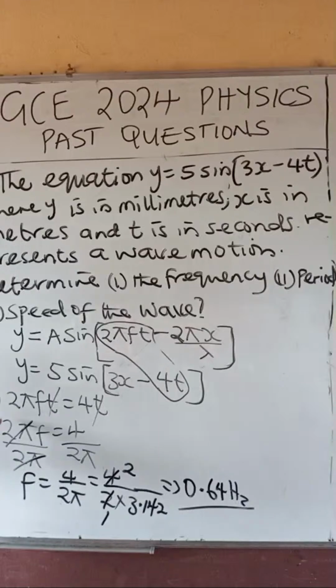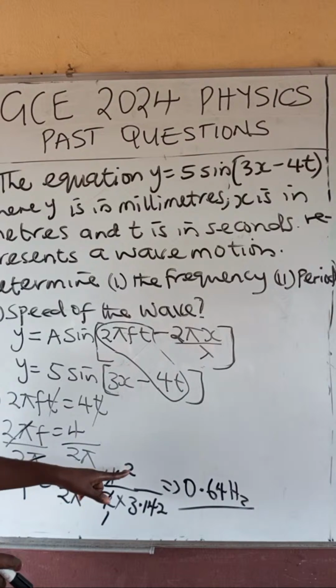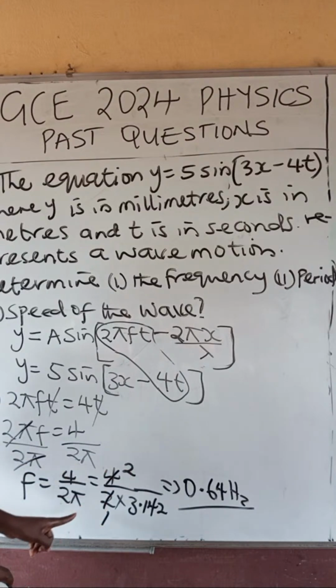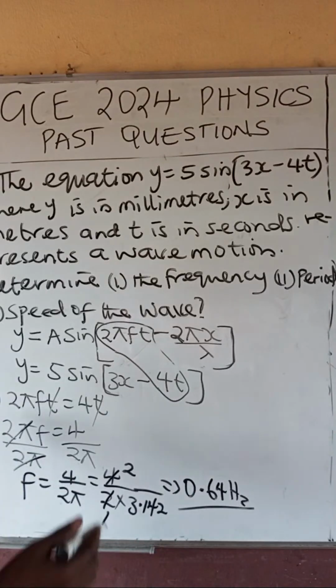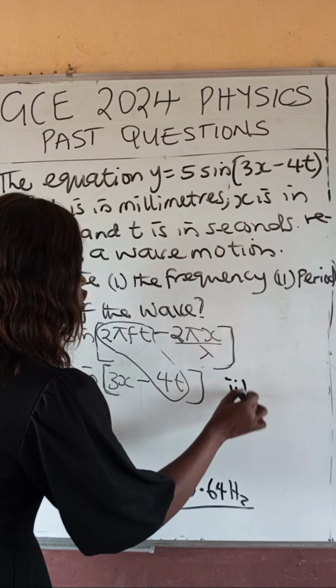We have 2πf = 4. Because I'm looking for the frequency, I have to divide by the coefficient of f, which is 2π. So f = 4 over 2π. So I have 4 divided by 2 times 3.142. Then I can divide to get 2 over 3.142, and my answer becomes 0.64, measured in Hz.